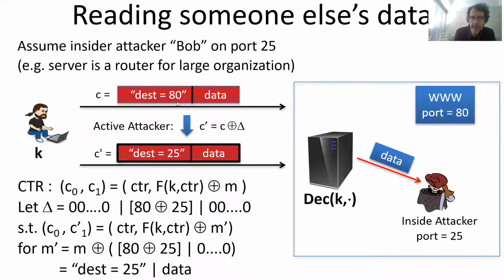M contains byte 80 at this position. So when you XOR it, what gets implanted here in M prime is the port 25. And the data is carried because this part of the delta shift was all zeros. Okay, so maybe I'm belaboring this, but you can see that this way we created a valid counter mode encryption of a message which is closely related to the one encrypted here.